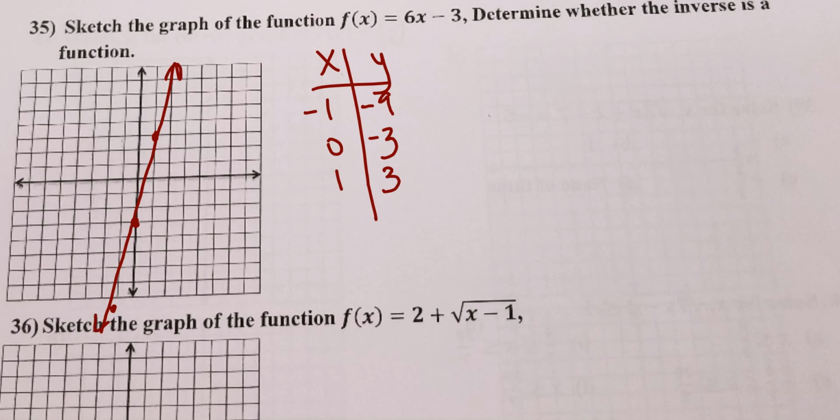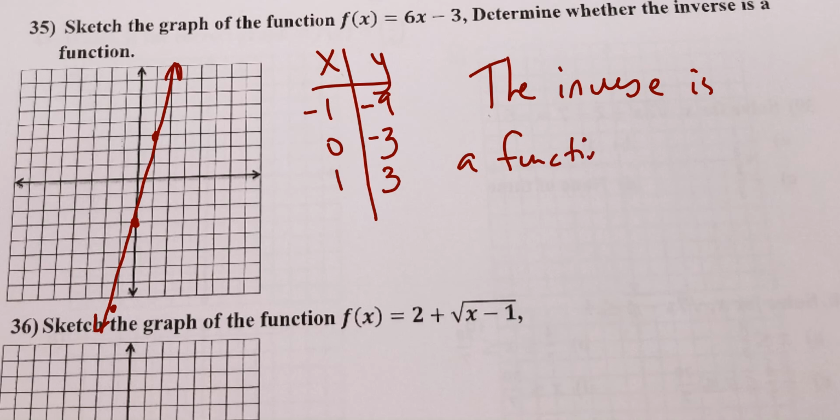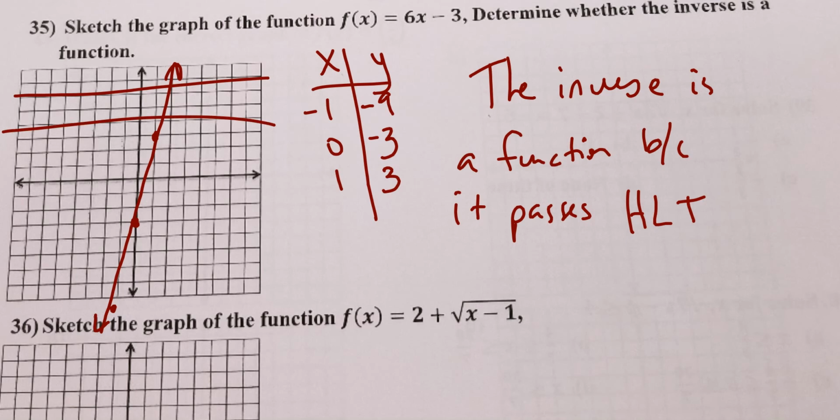Alright, so there's the graph. The inverse is a function because it passes what's called the horizontal line test, which means if I drew lines all throughout that, infinitely many times, they would never cross the graph twice. That's all you have to do.